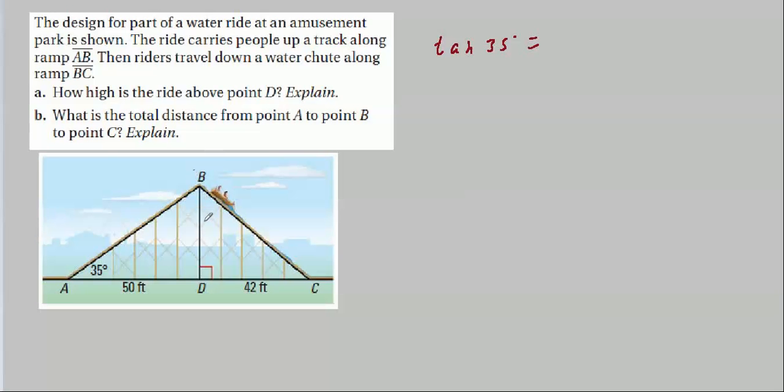Tangent. Opposite over adjacent. So that's BD over 50. Or BD equals 50 times the tangent of 35 degrees.